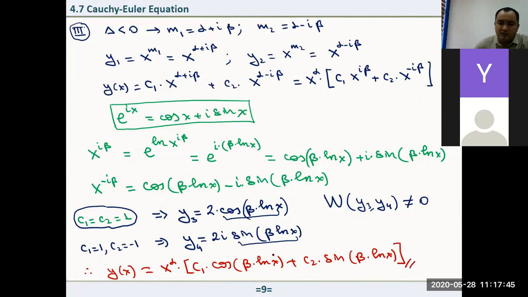This gives us the general solution of the given differential equation, that is the Cauchy-Euler equation. For this case, whatever solution you find can be expressed in this form. And this is how we solve the Cauchy-Euler equation.